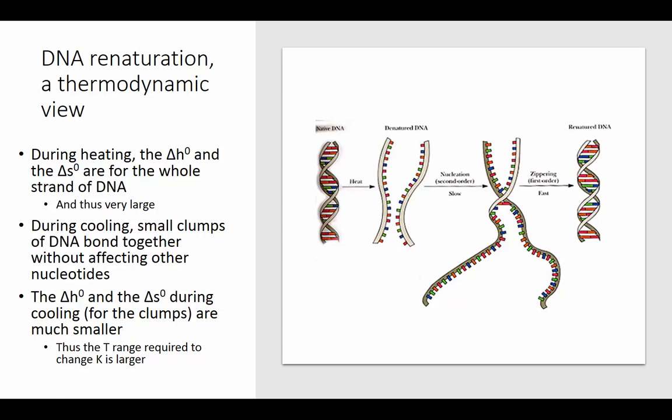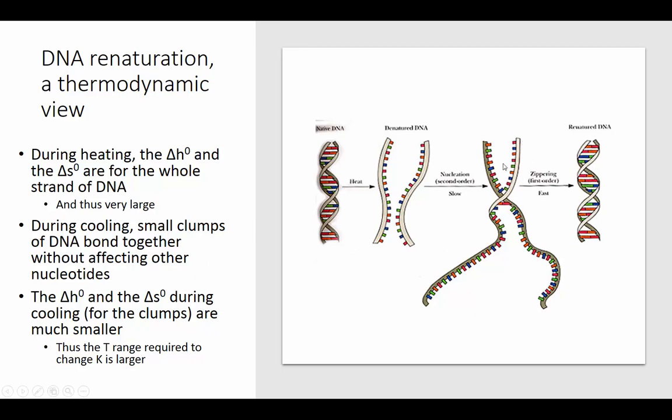How do we discuss this thermodynamically is the question. During heating, again, we're going back to denaturation, the delta H and delta S are for the entire strand of DNA. And thus, since the DNA is very large, the delta H and delta S are going to be very large. During the cooling and the hopeful renaturation of DNA, small clumps of DNA are going to come together.